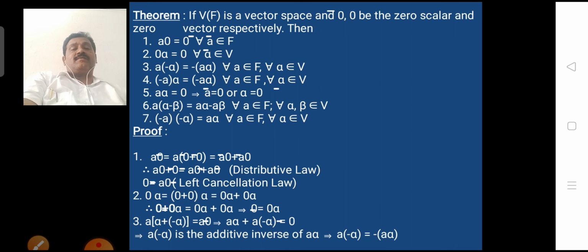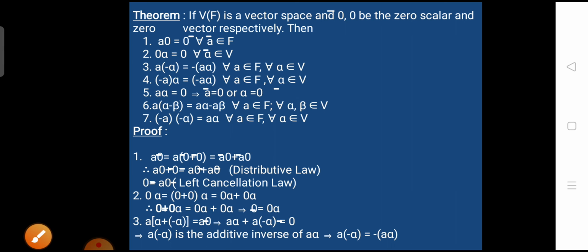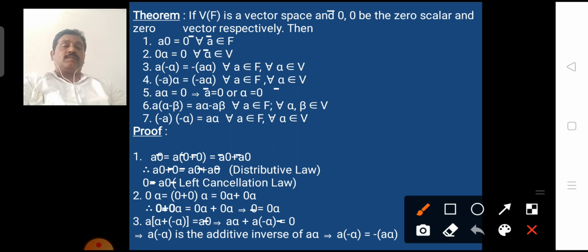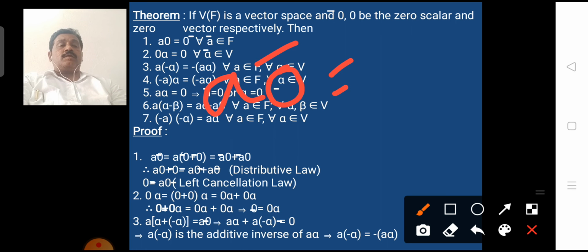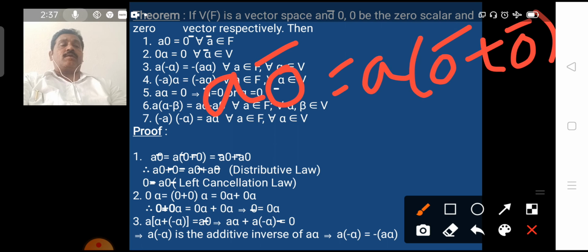For the proof, first one: A into 0 bar equal to A into 0 bar plus 0 bar, right?